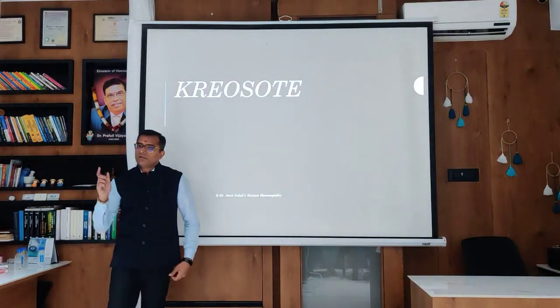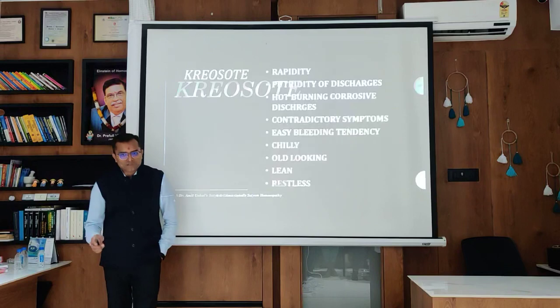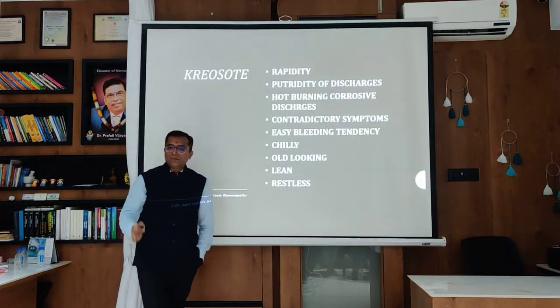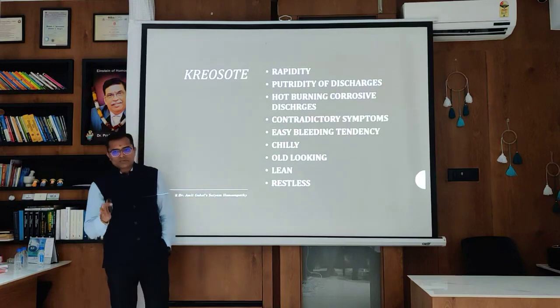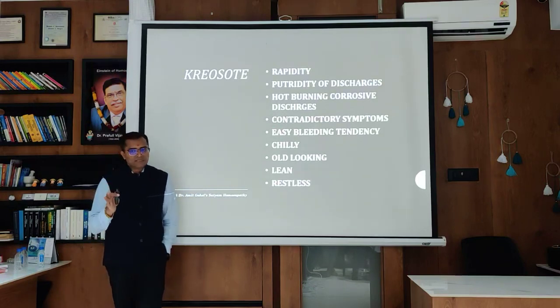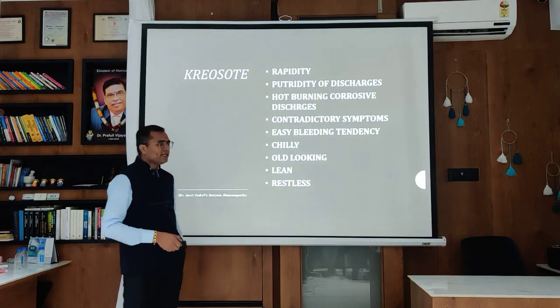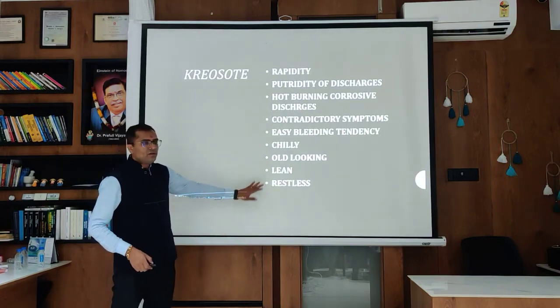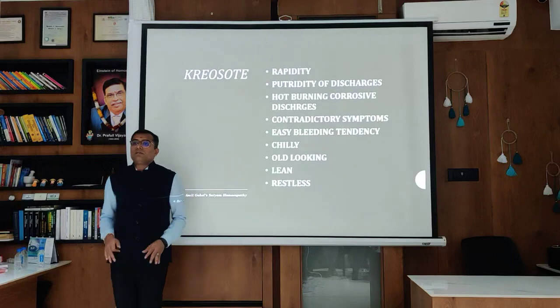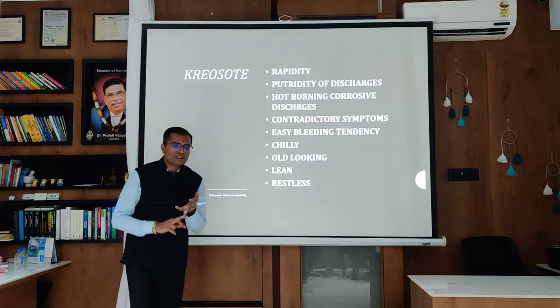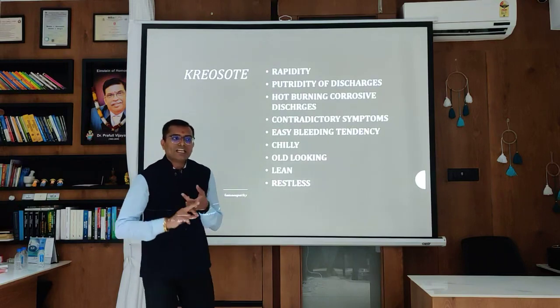Very important difference. Creosote. So Creosote has these components: rapidity, putridity, hot burning corrosive discharge, contradictory symptoms, easy bleeding tendency, chilly, old looking, lean, and restless. When you find tall remedies in a repertory, we have Tuberculinum, Phosphorus, Creosote, Calcarea phos.